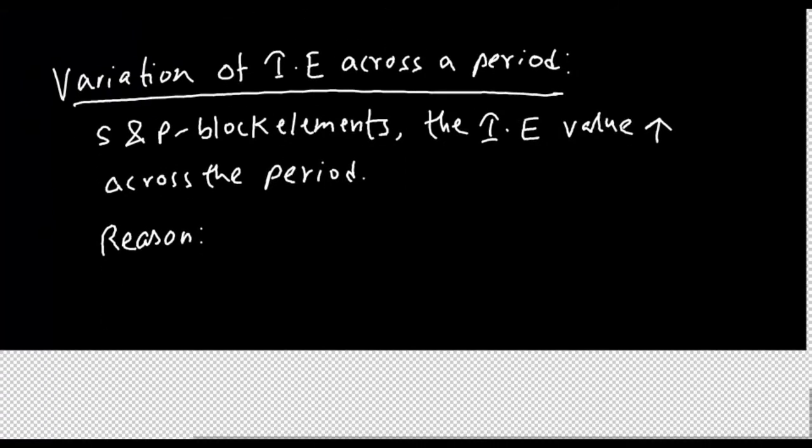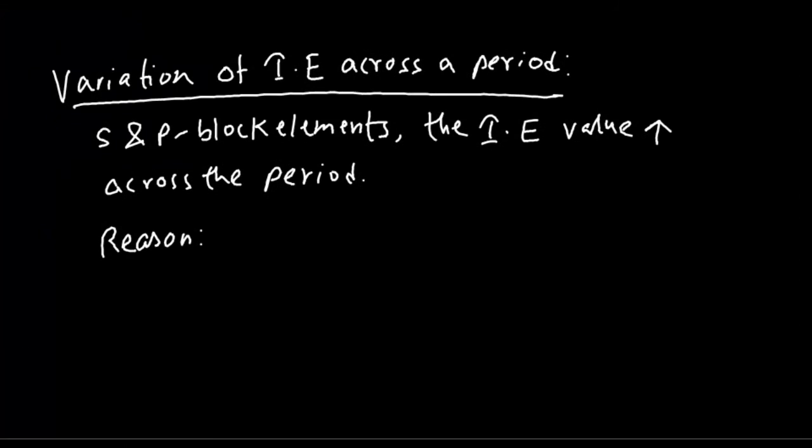Reason is, since we move from left to right across the period, the atomic number increases, isn't it? Since atomic number is increasing, the amount of nuclear charge also increases simultaneously.